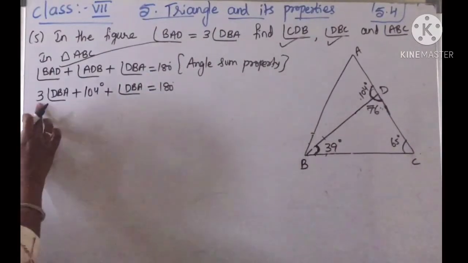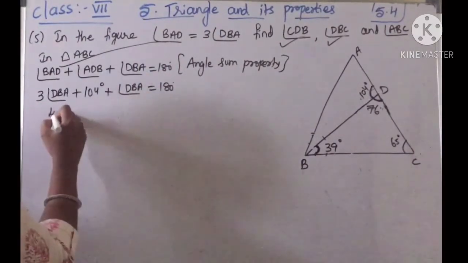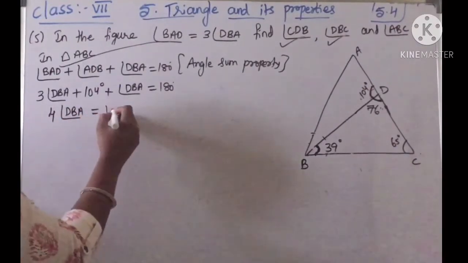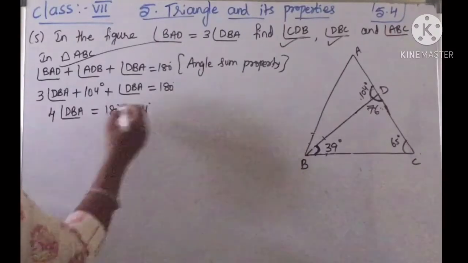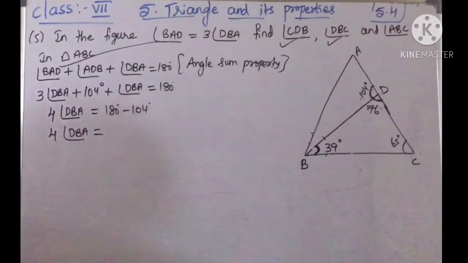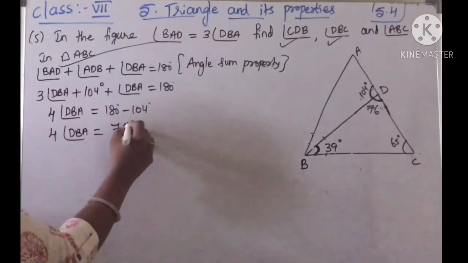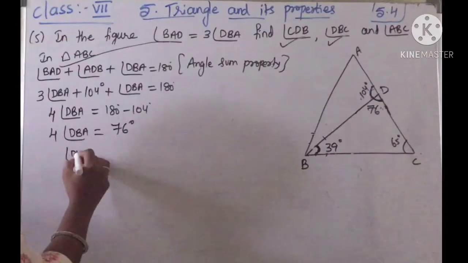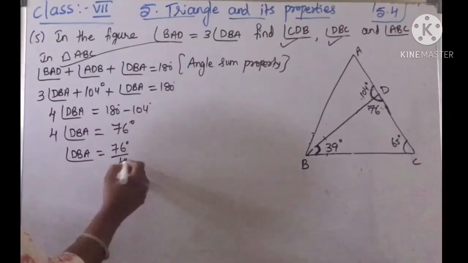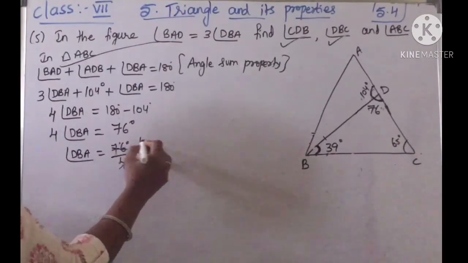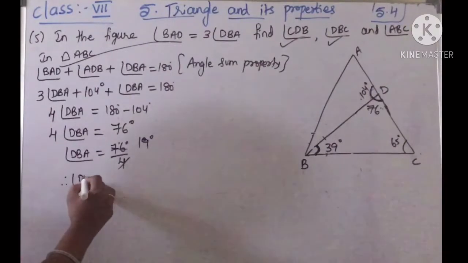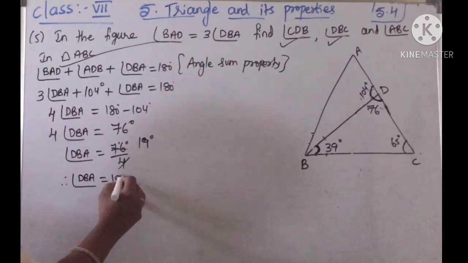Now when you add 3 DBA plus 1 DBA, it will become 4 DBA, equal to 180 minus 104. So 4 into angle DBA equal to 76 degrees. Now what is angle DBA here? 76 by 4. When you do cancellation, it will come 19. So therefore angle DBA equals 19 degrees.